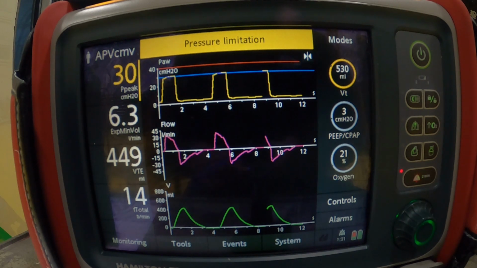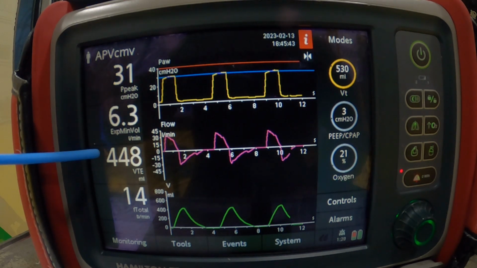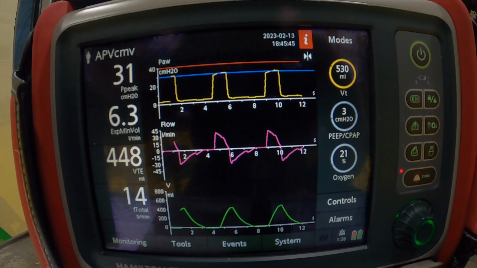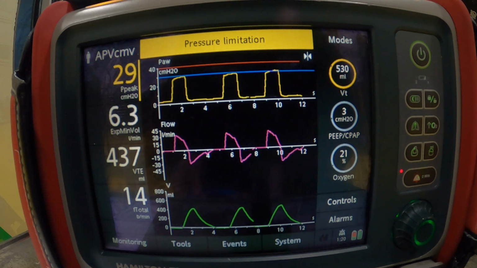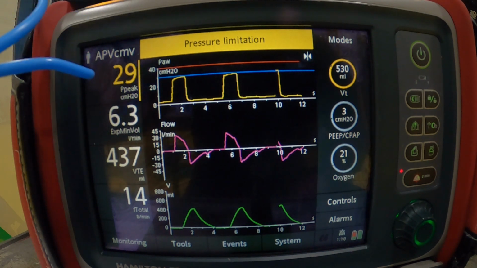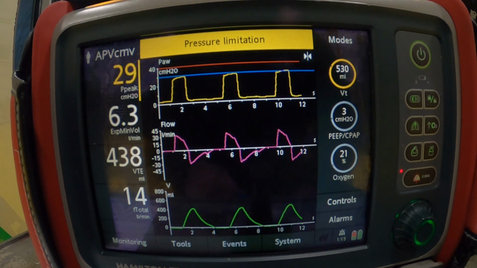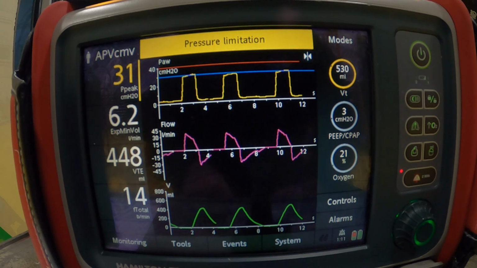But again, we're also decreasing tidal volume. So if we've got to blow CO2 off, this would not be wrong to use this mode, especially if you're comfortable with it. But I would suggest, especially with these pressures, going back to your PSIMV Plus with the P-Sync.